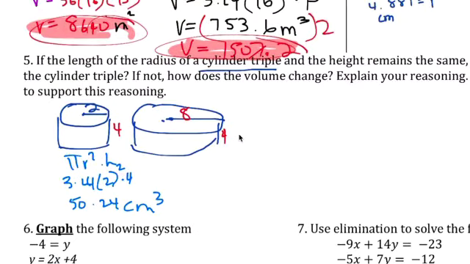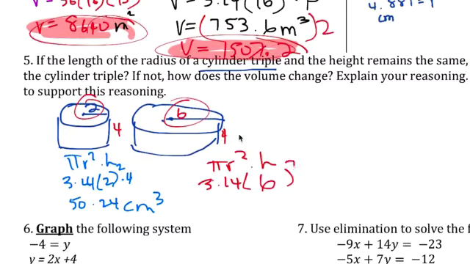Okay, and the volume for this one is pi r squared times h. So pi 3.14 times radius, we triple it, it's 6. Triple is 6. Times the height, which is 4, stays the same, right? Okay, so this is 36 right here.